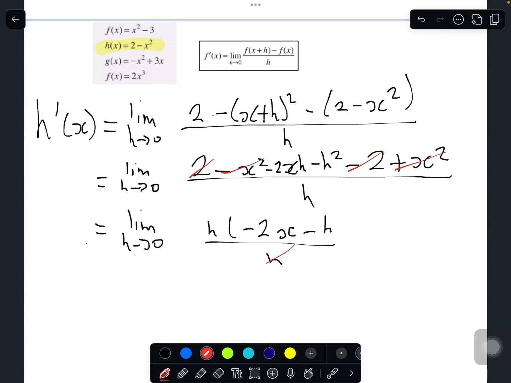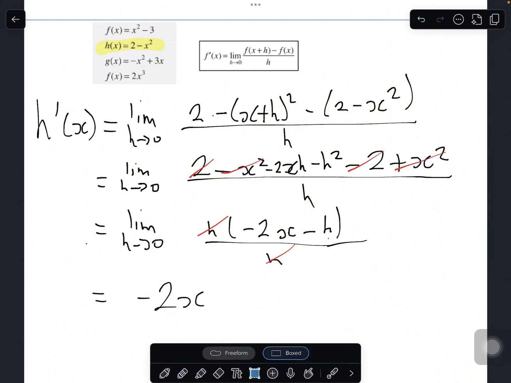These h's will now cancel off, and then once we don't have an h alone in our denominator, we can then apply the limit. So if I apply the limit here, I'll be left with negative 2x, and that is your final answer.